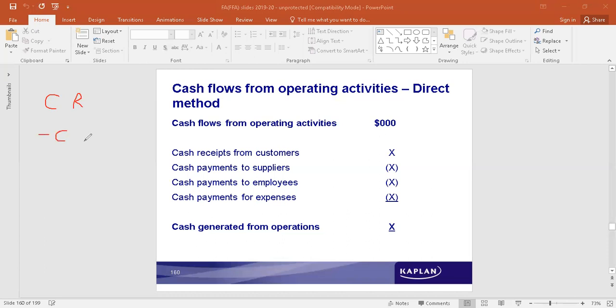Cash payments are broadly in two categories: cash payments made to the suppliers, and cash payments made for the other operating expenses. So cash receipts minus cash payments gives the cash flow from operations.